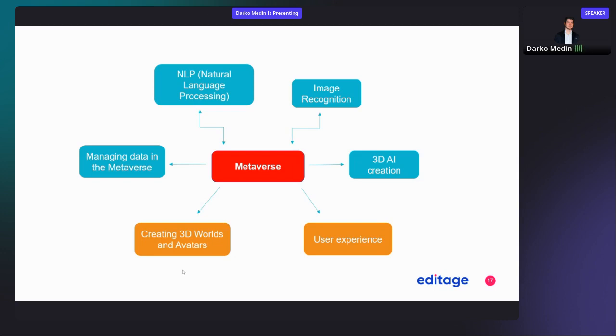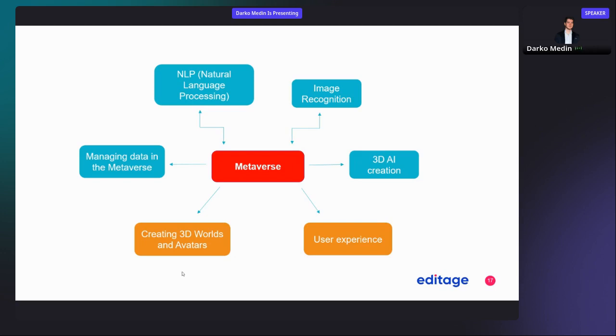There are many other parts of the potential metaverse, like how to manage large amounts of data, how to create the 3D worlds or 2D worlds in the metaverse, and AI, or artificial intelligence, is often used in creating large, almost limitless worlds for these platforms.